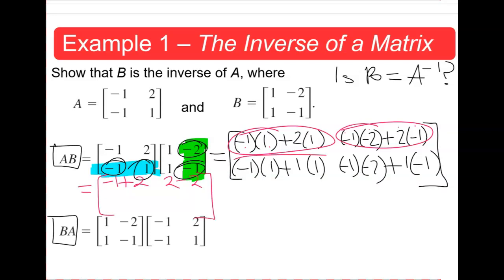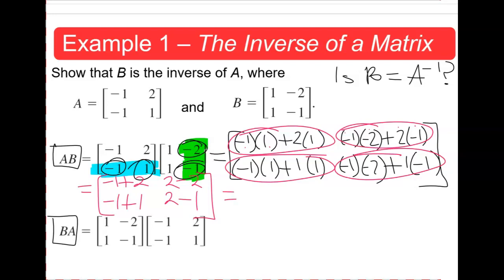Then we move on to second row, first column. -1 times 1 is -1. 1 times 1 is +1. And then we move on to second row, second column. So -1 times -2 is +2. And then +1 times -1 is -1.